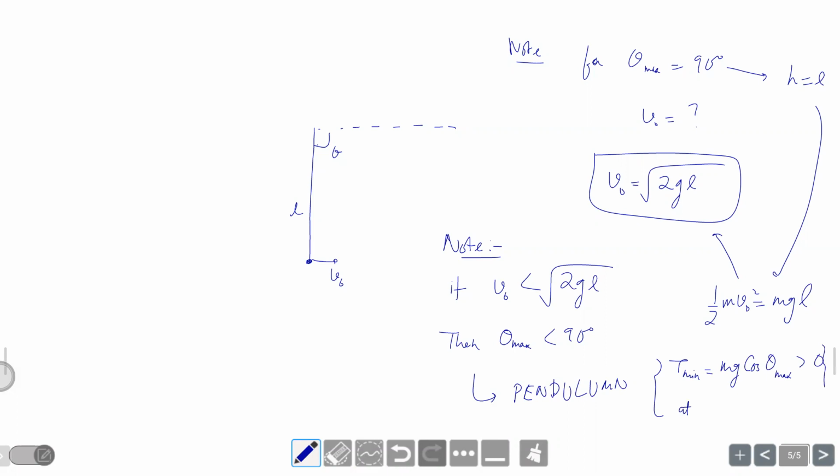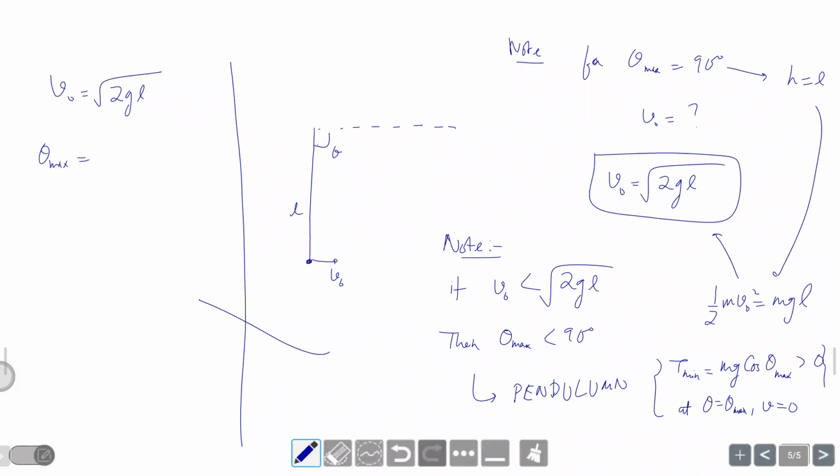And this will occur at theta equal to theta max, where the speed becomes zero. Whereas on the other hand, if we give a speed of exactly root 2gL, then it's a very interesting thing. Our maximum theta becomes 90 degrees.